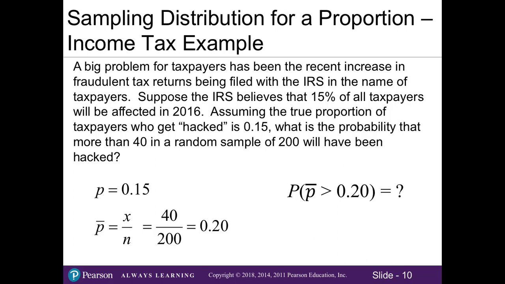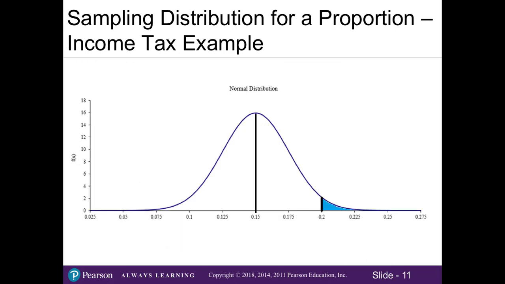So let's look at what this looks like in a normal distribution, thanks to Theorem 5 that says we can now calculate the sampling distribution for a proportion through our various components. So if I were to draw my normal distribution, where we have our population proportion of 0.15, or 15% of all taxpayers in 2016 will get hacked, according to the IRS.